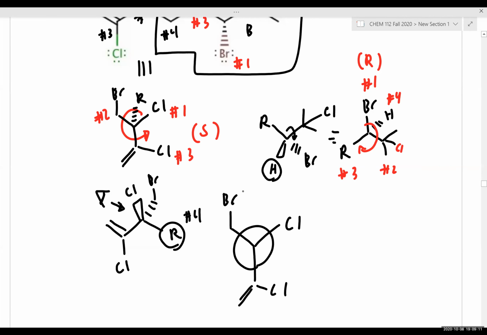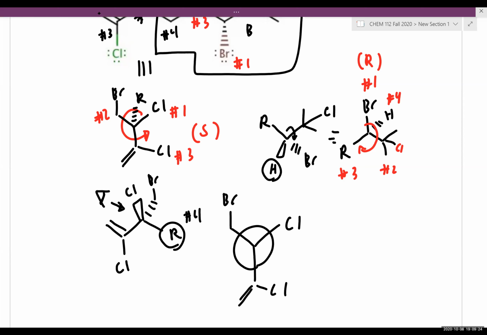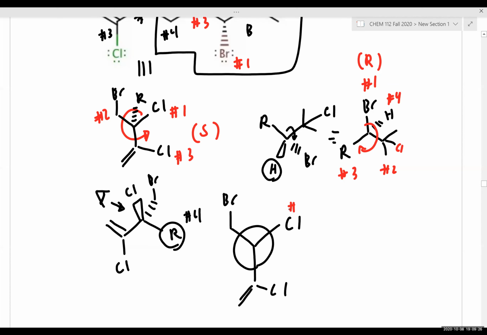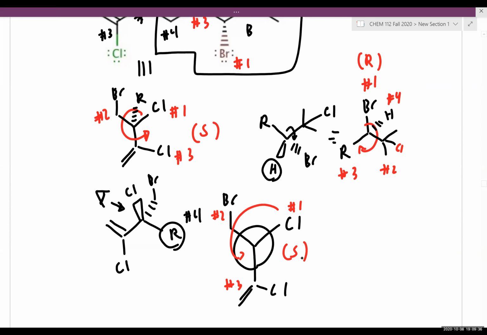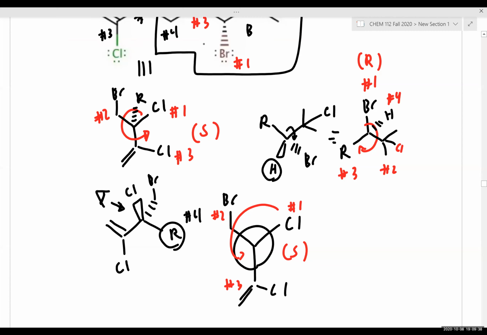So you can think a lot about how you view your molecule, from what perspective, in order to place the lowest priority group in the back. You can think of it a lot like the way that you view molecules to make Newman projections. And in that case, looking at our priority assignments, we then just note whether we're going clockwise or counterclockwise. Does that alternative explanation help in terms of visualizing and viewing molecules from different perspectives to place the lowest priority group in the back?